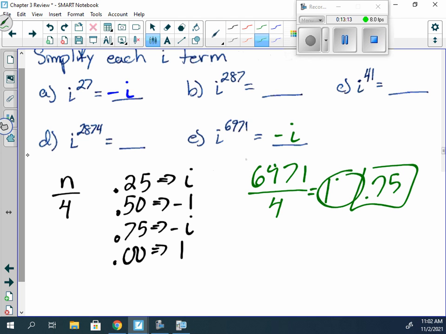Because the whole number is just how many times we went around the circle of 4. But we want the decimal, which tells us which one in the spot we are. 0.75 corresponds to -i. If we got a decimal of 0.5, it would be -1. And if we got a decimal of 0.00 or it did not give us a decimal, it is going to be 1. Because 0.00, the calculator is not going to show that. It's just going to show it as a whole number.